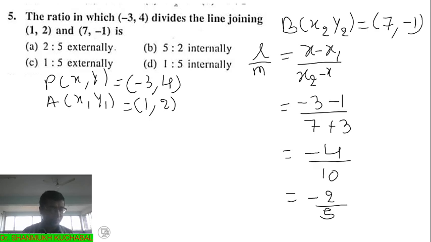Here it is a negative number, therefore it is external, so 2:5, option A. Externally, it will cut the line AB over here.